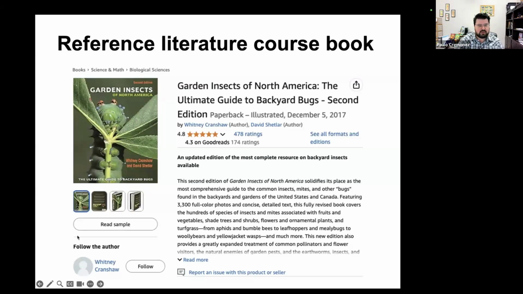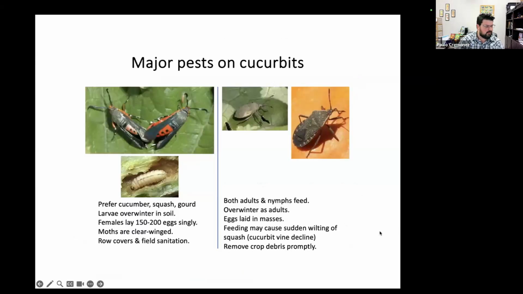It is a good recommendation not only for cucurbits but for plenty of vegetable crops in North America.